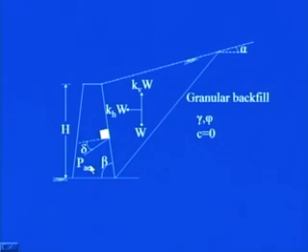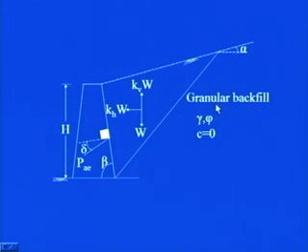PAE corresponds to active force due to earthquake condition. A stands for active, E for earthquake. Again this is acting at an angle of delta, which this line of action makes from the normal to the back face of the wall.